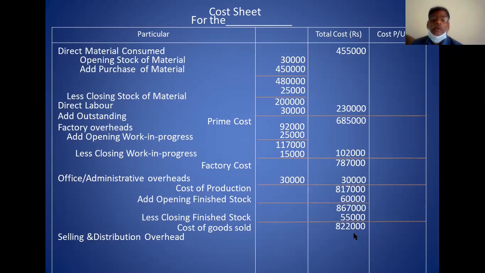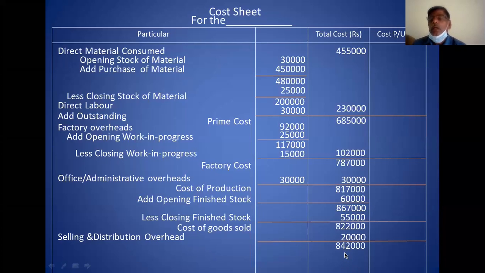The next is selling and distribution expense. Selling and distribution expense is 20,000. Add this 20,000, 8,42,000 is the cost of sales.